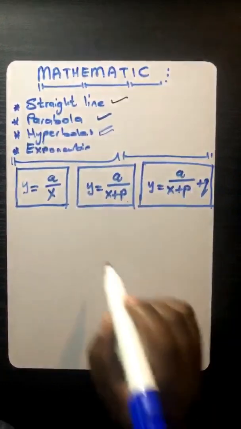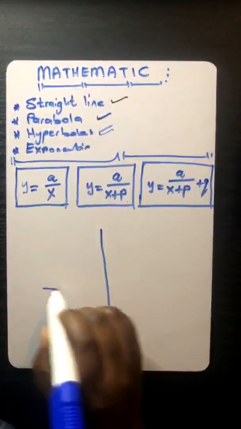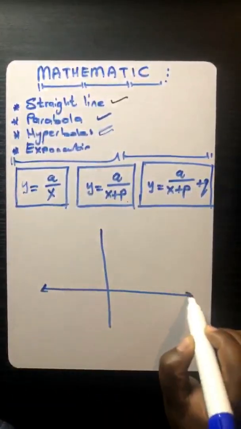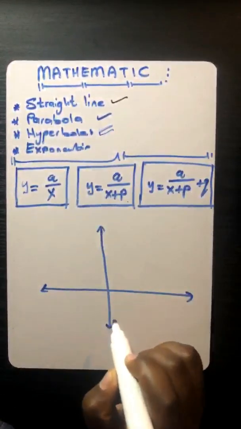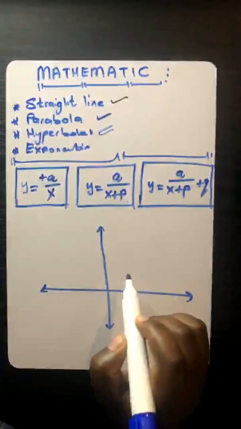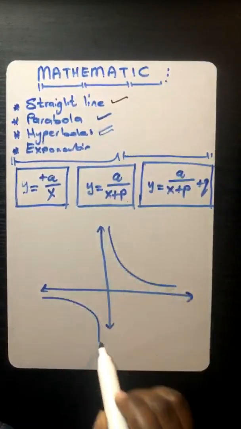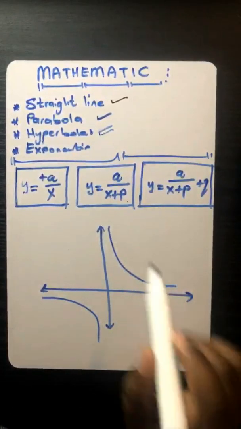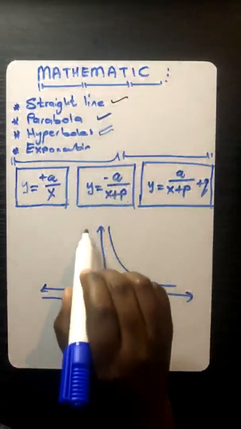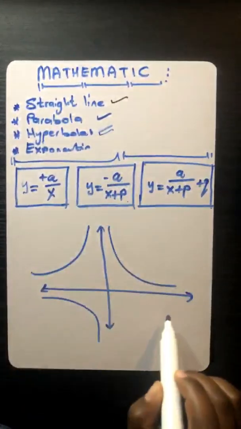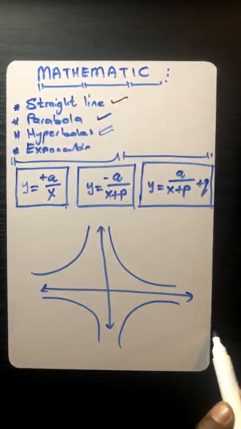Now, this is what we said. If the a value is positive, you have your hyperbola in the first and third quadrants. But if it is negative, you have it in the second and fourth quadrants.